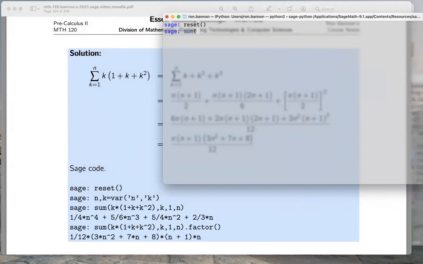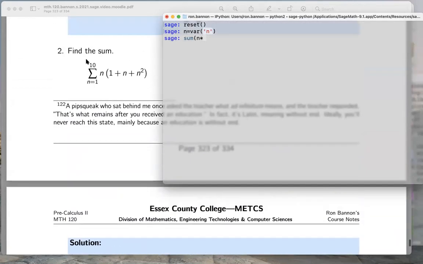What was I doing? I was doing the sum of... I got to define a variable here. So n equals var. And I'm going to do sum. I'm just checking my arithmetic, by the way. And what are we doing? I guess we were doing n star 1 plus n squared. Let me go back to that original statement and scroll up here.